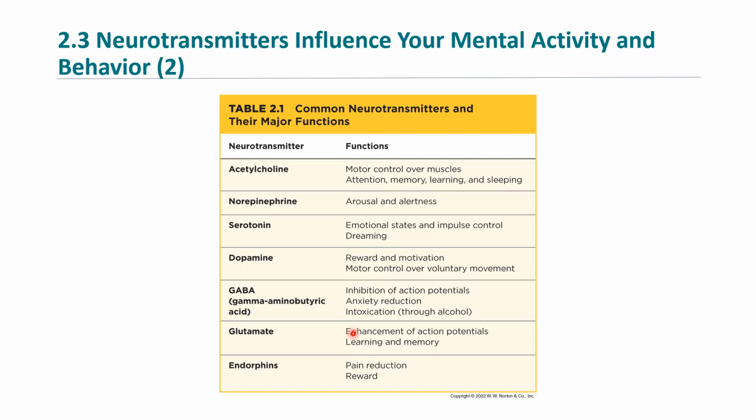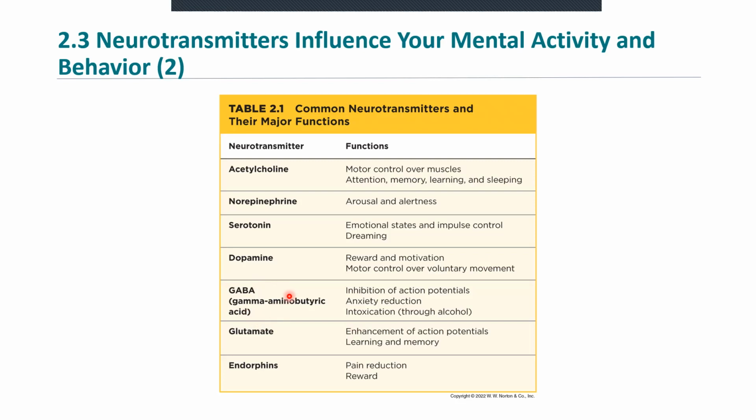So I want you to read about these on your own, because they can ask you about any of these. I'll mention two things. GABA is the main inhibitory neurotransmitter. Remember, inhibitory means it's something that gets released to stop neurons firing.